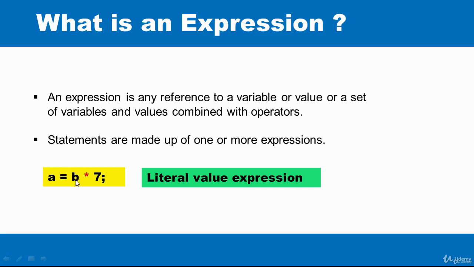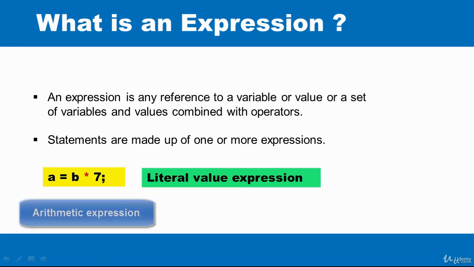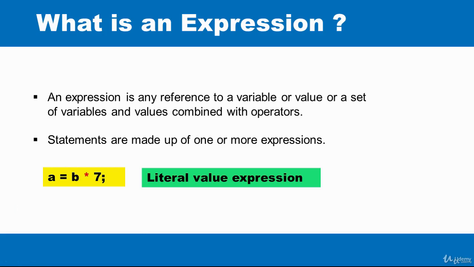The b times 7 is known as an arithmetic expression, which means it's basically doing something. So it's multiplying. b times 7 basically means you're multiplying the value of b by 7. So that's referred to as an arithmetic expression.